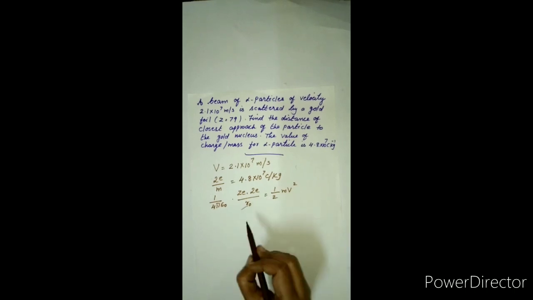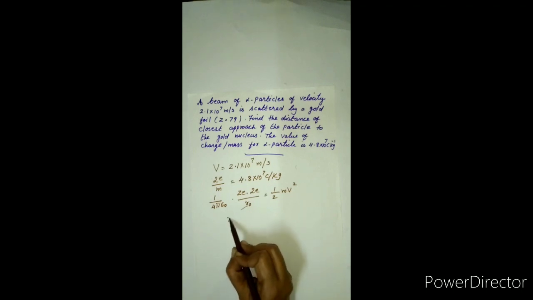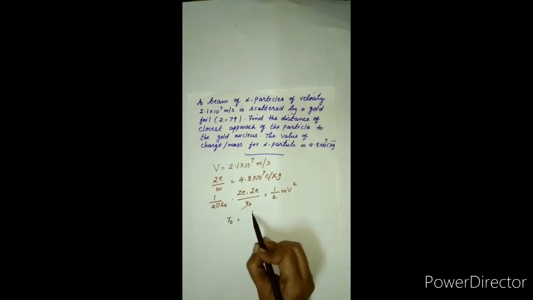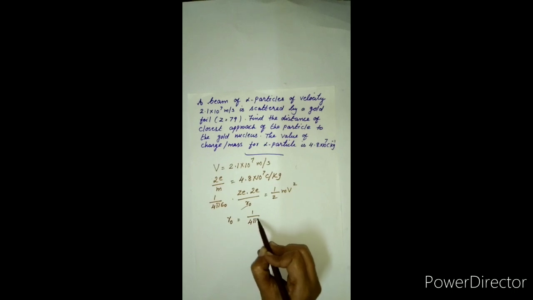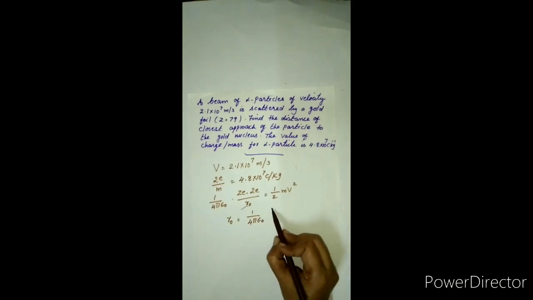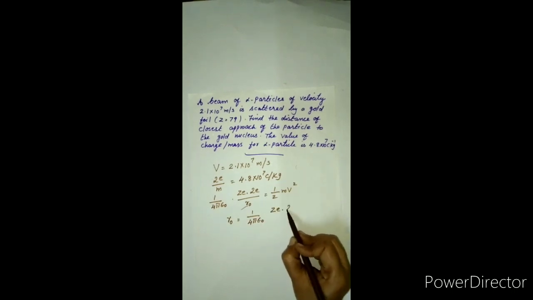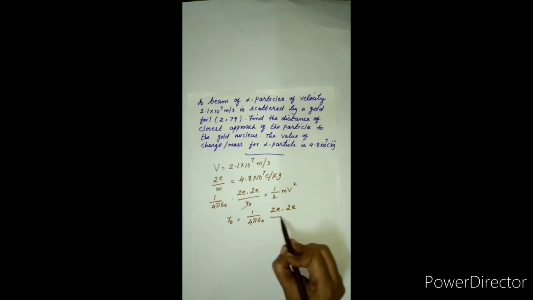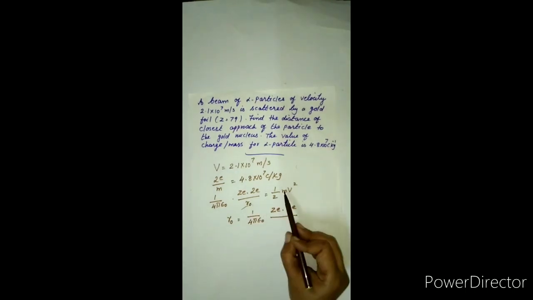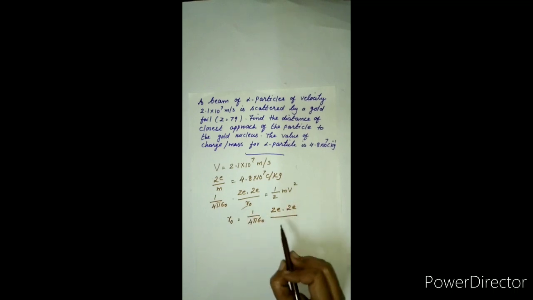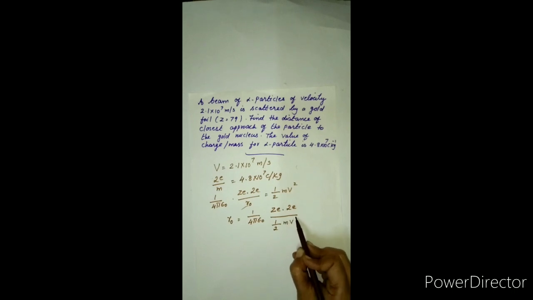So from this equation we can write R0. R0 comes on the right hand side, then half mv square comes to the numerator. Then we can rearrange the equation.